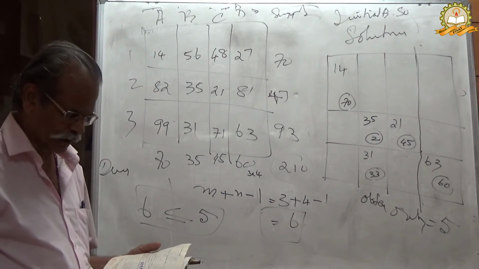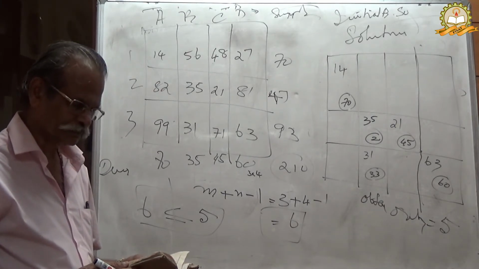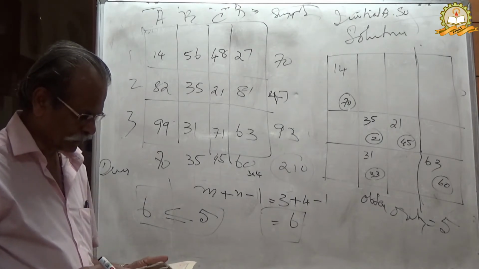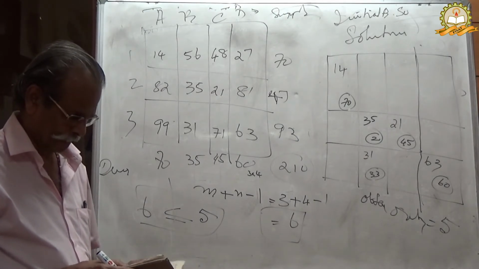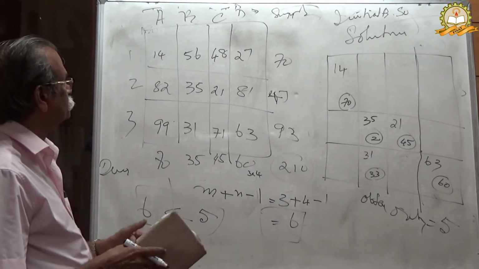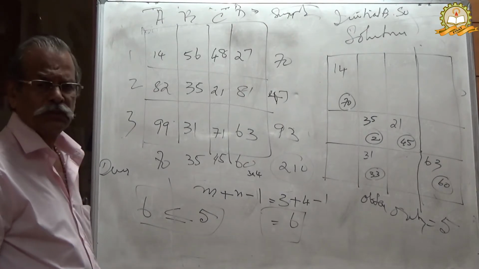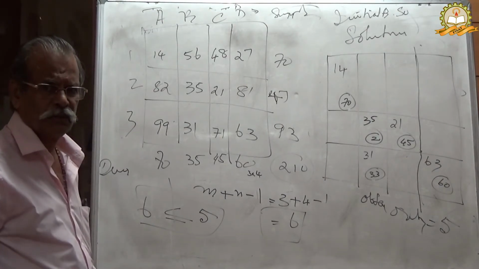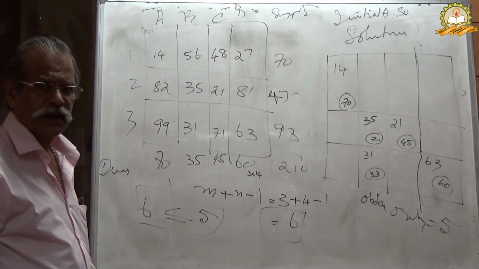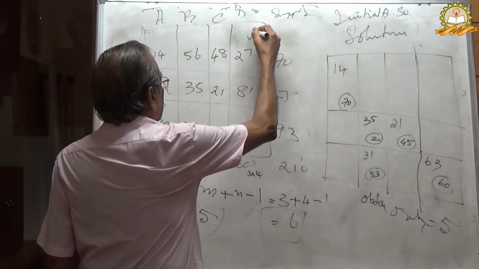Here the lowest cell value where the allocation is not effected is 21.